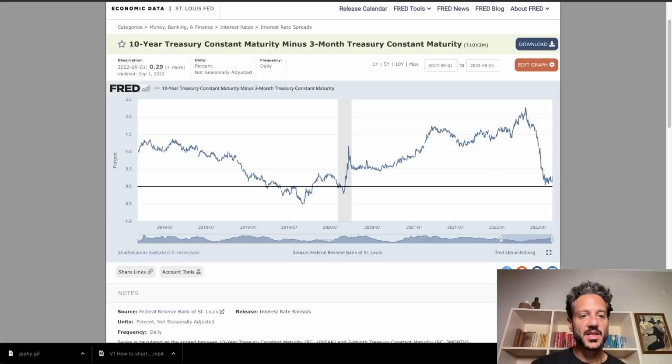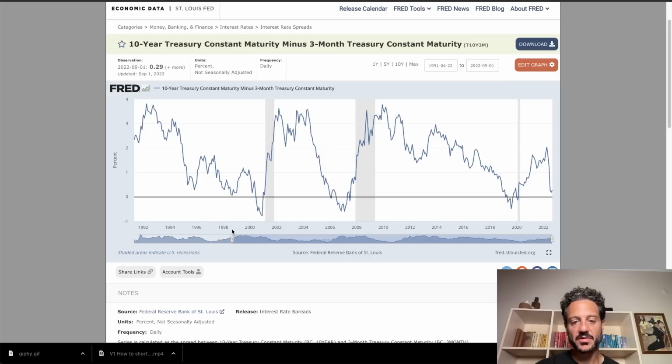But once we get the inversion between the 10-year and the 3-month, which you can see here hasn't inverted yet, that is a signal that a recession is up ahead. We inverted back in August 2019, which is why a lot of people thought that even without COVID, we would have hit a recession. The recession before that was 2008, and we had inverted in February 2007.